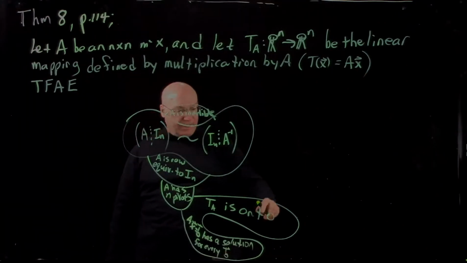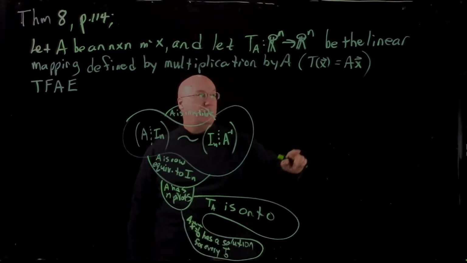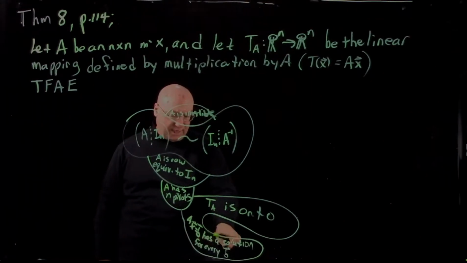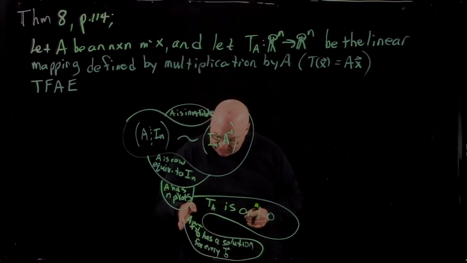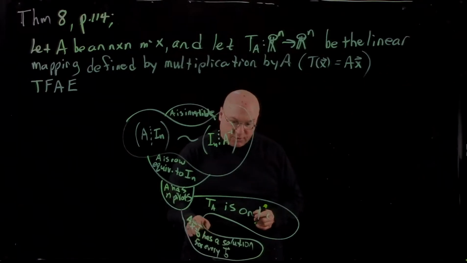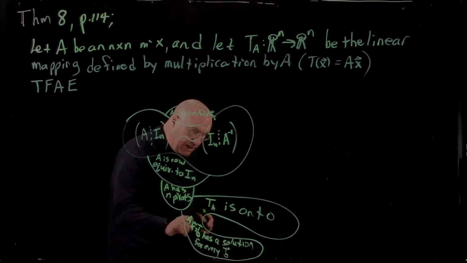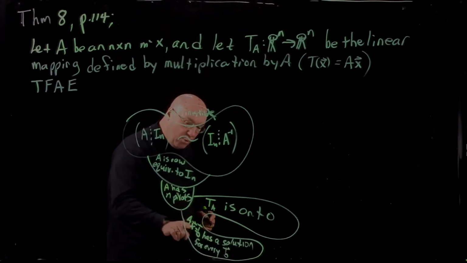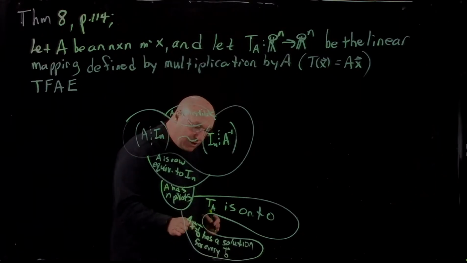All right. Well, another thing then that is saying is that if T sub A is onto, or if AX equals B has a solution for every B, then that says I can always find a linear combination of the columns of A to give me any vector, right? Because remember, A times X is a linear combination of the columns of A, where X gives me the weights or the coefficients that I attach to the columns.